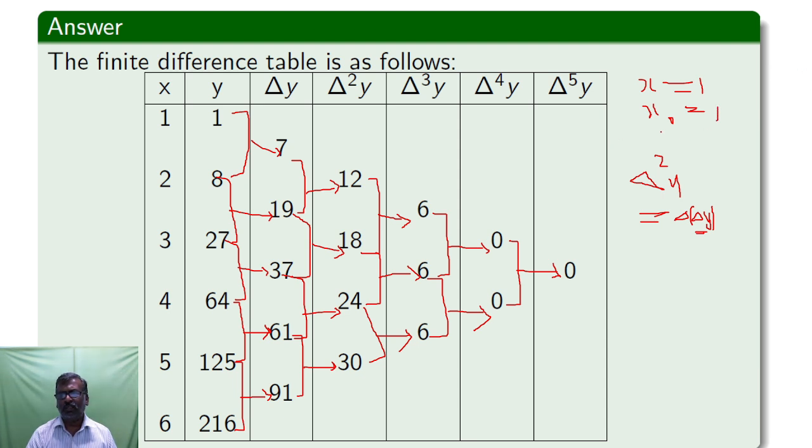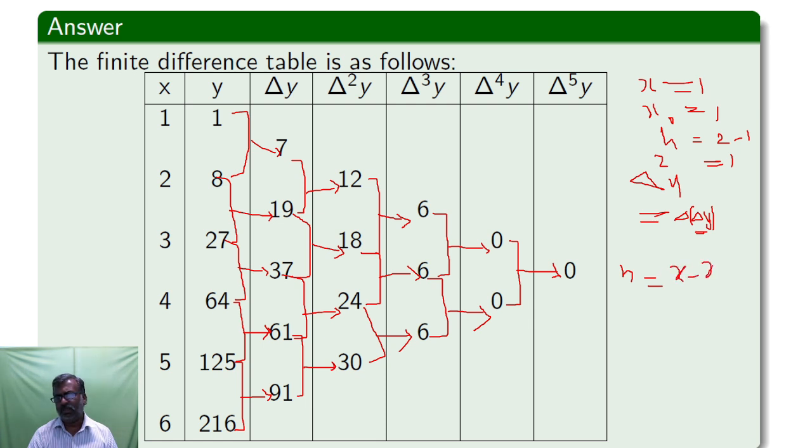Height means difference, find the difference in the x axis. That means second x value minus first x value. That will be 1. Okay. Then you have to find the n value. N equal to x minus x naught divided by h.